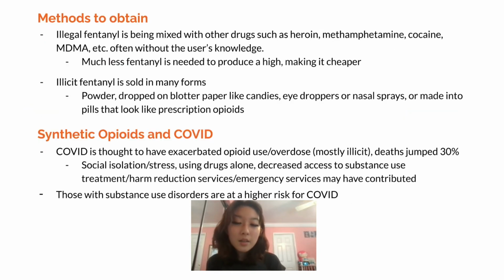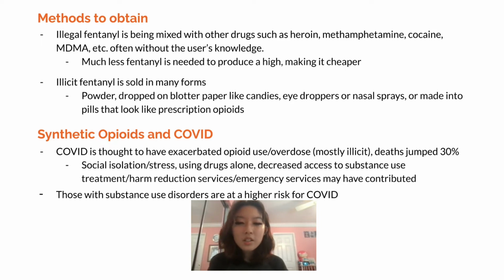Some more facts about opioids, and these are going to be about illicit opioids. Illegal fentanyl is being mixed with other drugs such as heroin, methamphetamine, cocaine, MDMA, and this is happening pretty often without the user's knowledge, which is what allows for so many deaths.